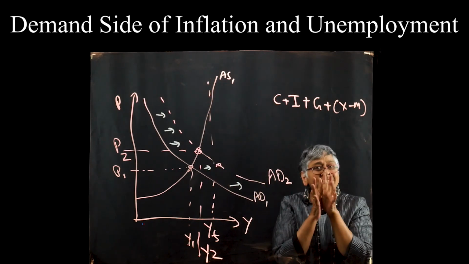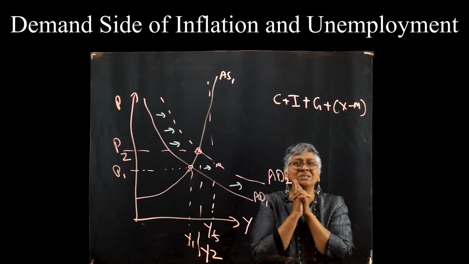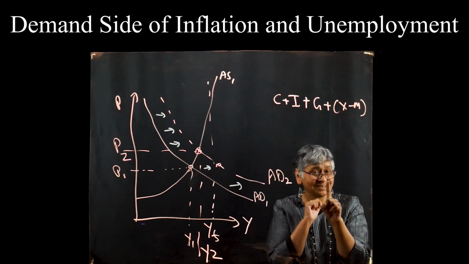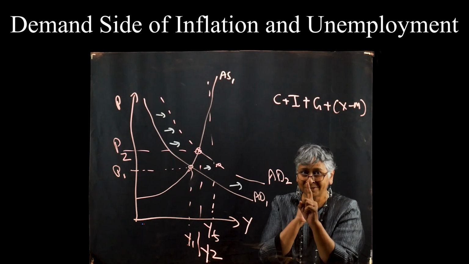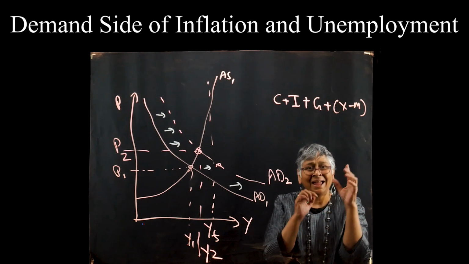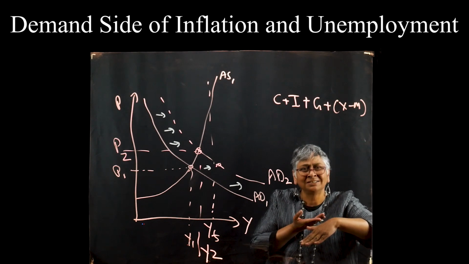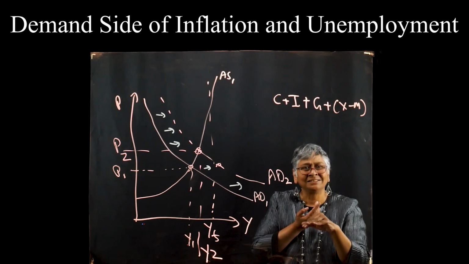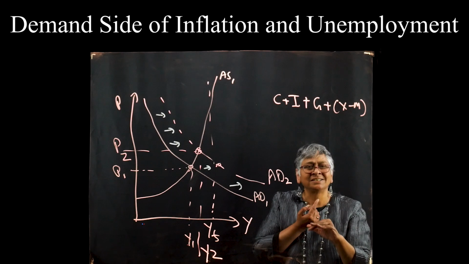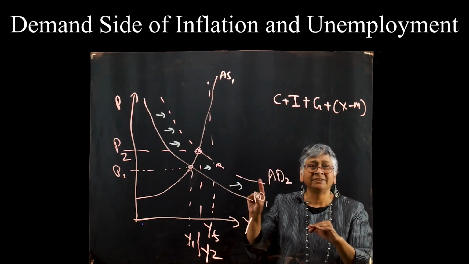Push it back, because then, yes, we will lose some growth, and yes, we will lose some jobs. But our aim is, as we dampen job creation, wages will flatten. And if wages flatten, then we will not have inflation.